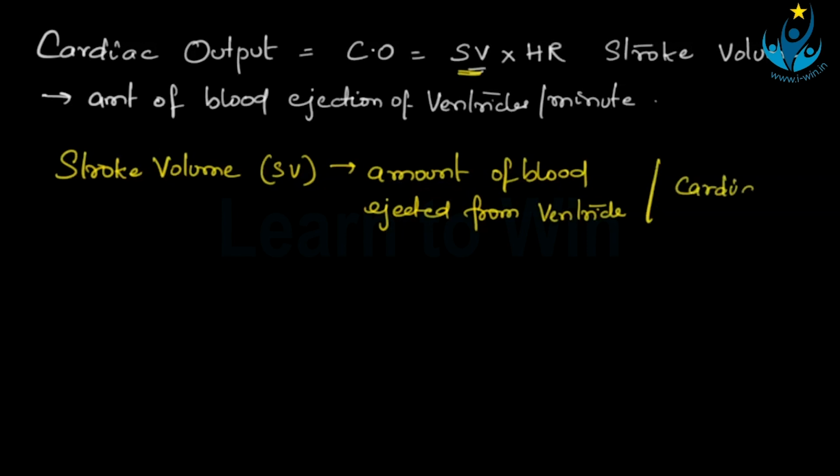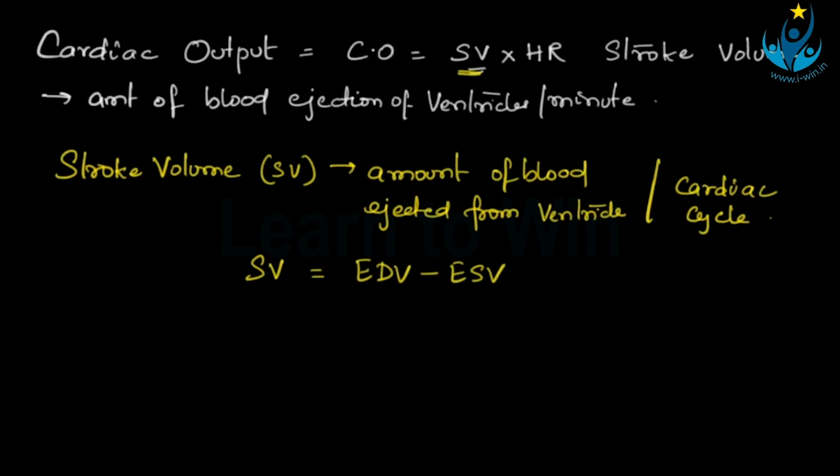Stroke volume is calculated as end diastolic volume minus end systolic volume. It is obvious, isn't it? End diastolic volume is the maximum amount of blood in the ventricle, and end systolic volume comes after the ejection.